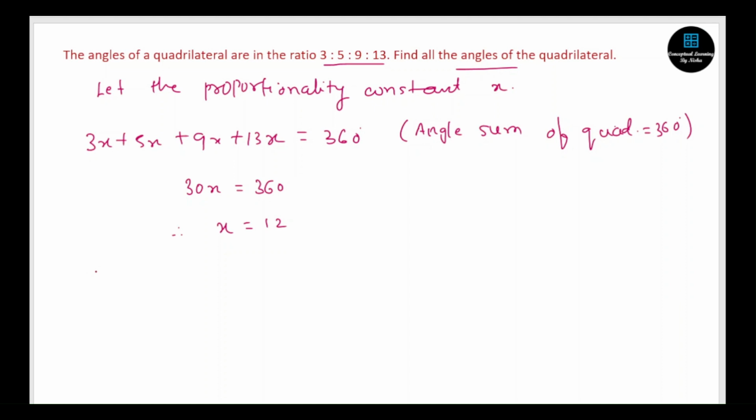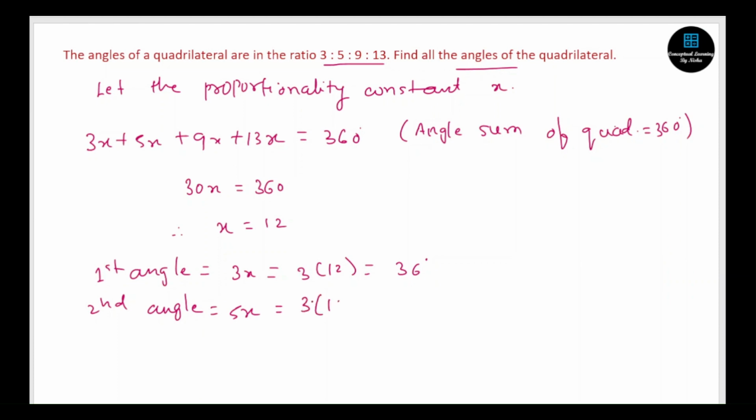So, first angle is nothing but 3x, which is 3 times 12, 36 degree. Okay. Second angle is nothing but 5x, 5 times 12, which is 60 degree.